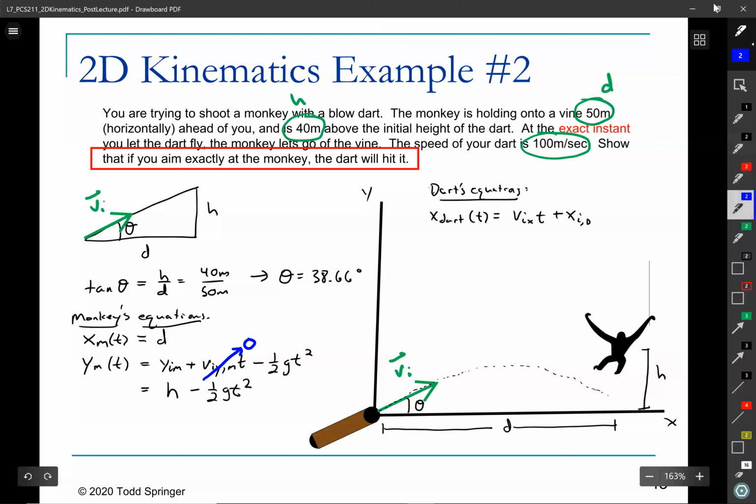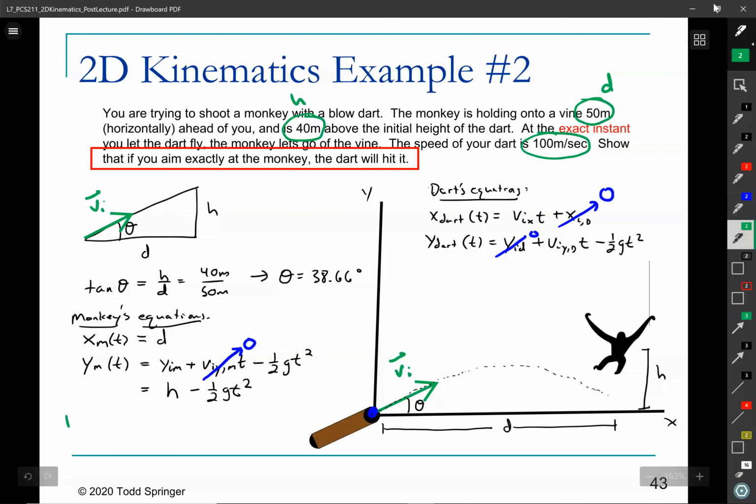And the initial position of the dart is 0 because I chose it to be 0 at the center of my coordinate system. Okay. And then what is the y position for the dart? It's yi for the dart plus viy for the dart times t minus 1/2 gt squared. And yi for the dart is also 0. Okay, so we have everything out mathematically now.